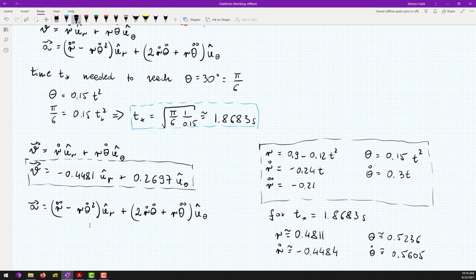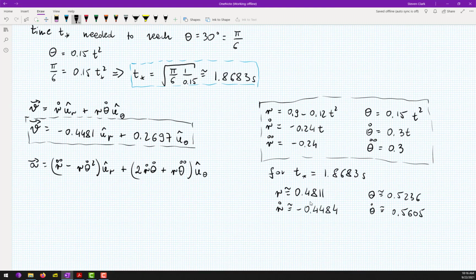Minus 0.24. Okay, and we need theta dot and theta double dot. Theta double dot is 0.3. Oh, and these are exactly the value. So these are constant values. So we can just copy paste them here.